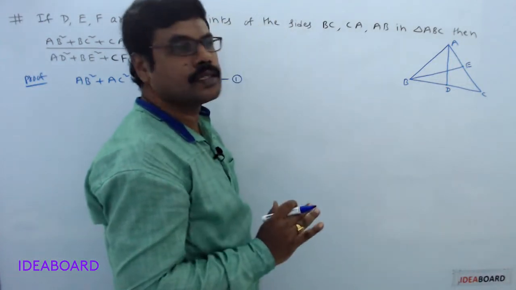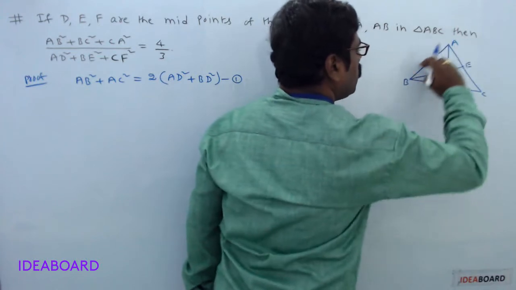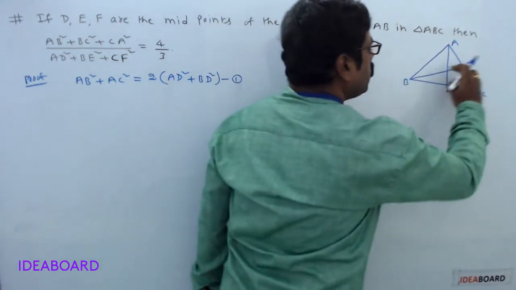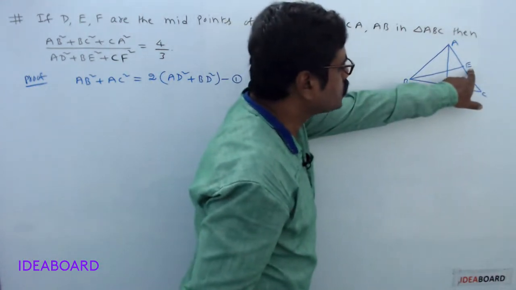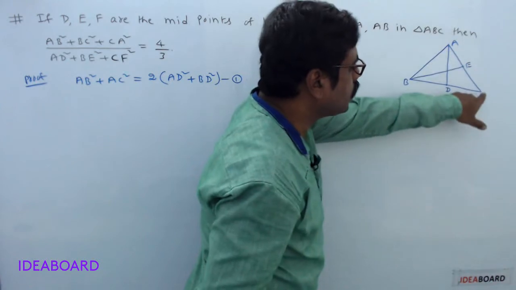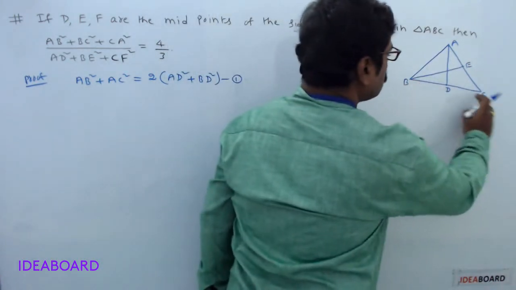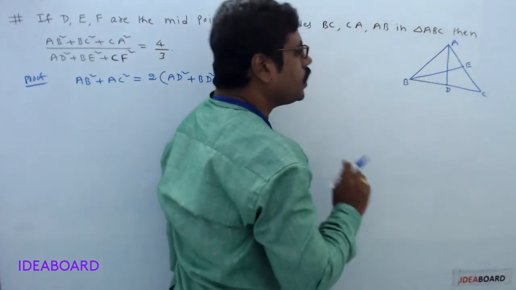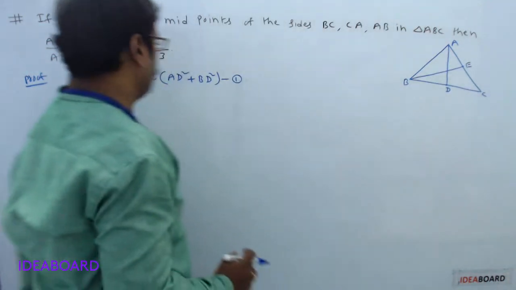Again from Apollonius theorem, BC square plus BA square equals 2 into (BE square plus CE square).